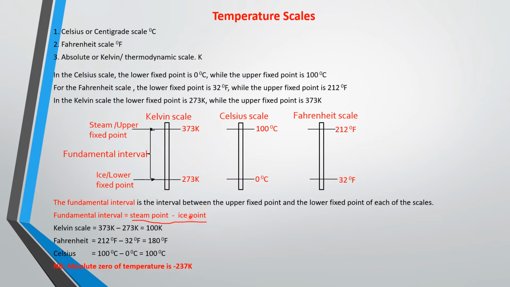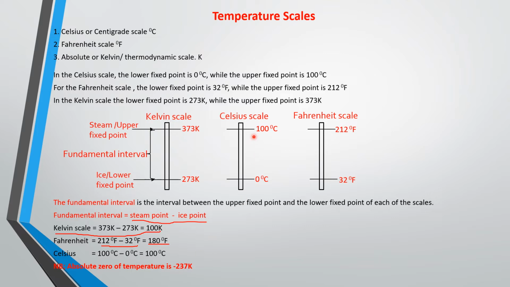So for the Kelvin scale, the fundamental interval is 373 Kelvin minus 273 Kelvin, and that gives you 100 Kelvin. On the Fahrenheit scale, the fundamental interval is 212 minus 32, which gives you 180 degrees Fahrenheit.